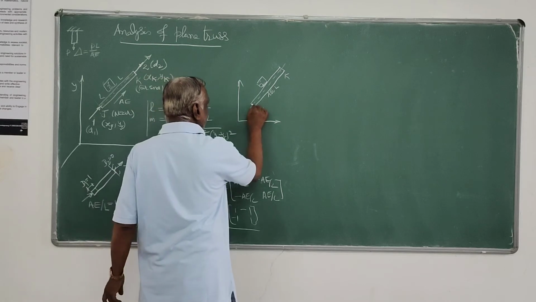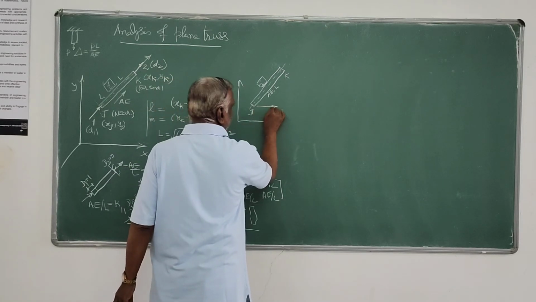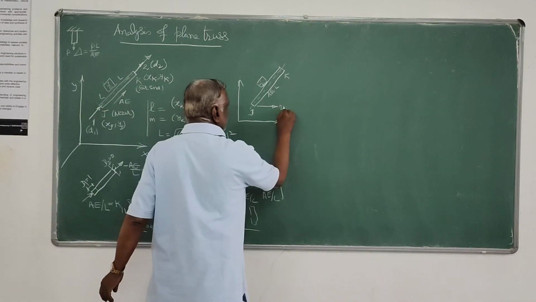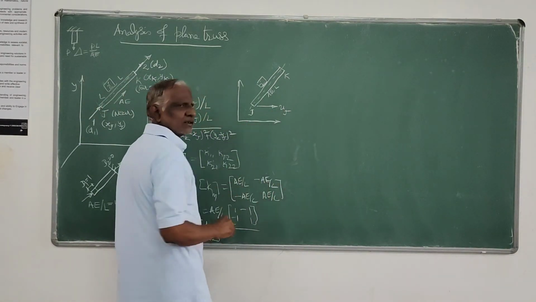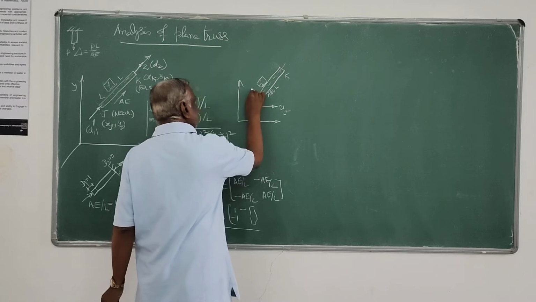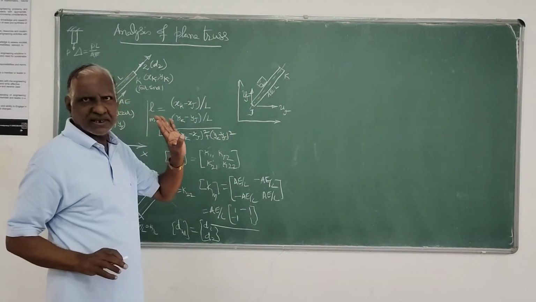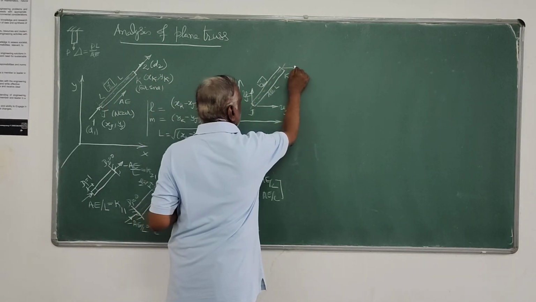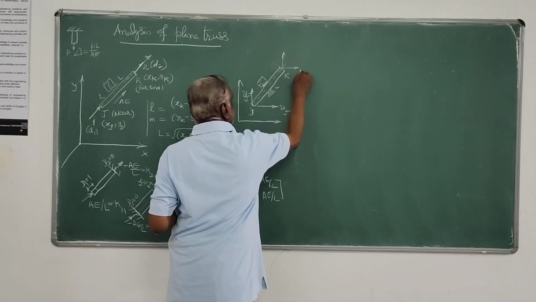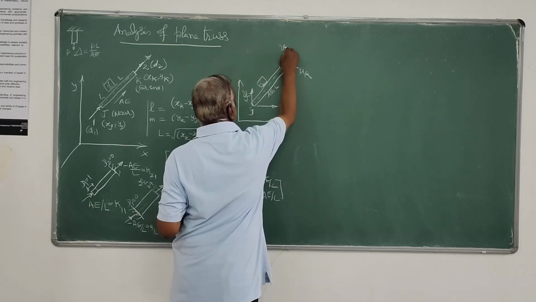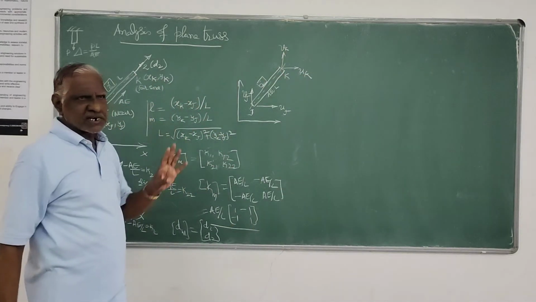Global coordinate means at this end I should have a displacement parallel to the x-axis. This displacement I will call uj, and this displacement vj. There will be two displacements here. Here also there will be two displacements, that is uk and vk.